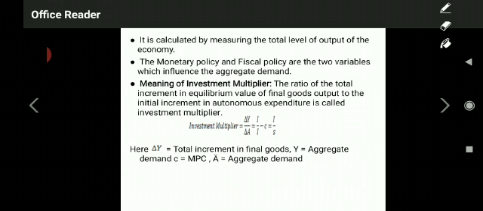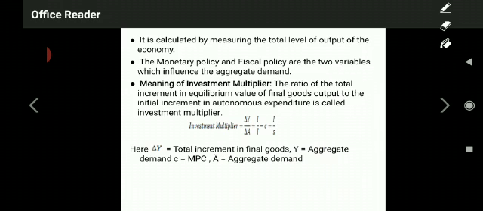Look at the next aspect, the monetary policy and fiscal policy. These two are the variables which influence the aggregate demand. The monetary policy of the economy and fiscal policy of the economy are the two important variables, weapons or instruments which influence the aggregate demand. In monetary policy, we are going to learn bank rate policy, open market operations, and cash reserve ratio.